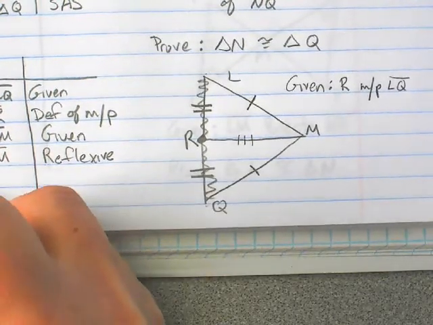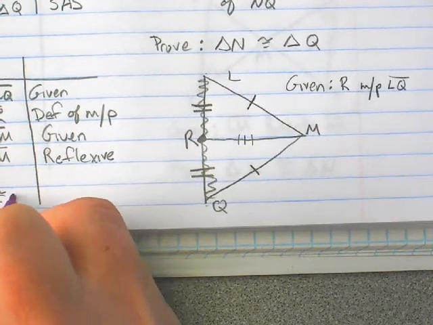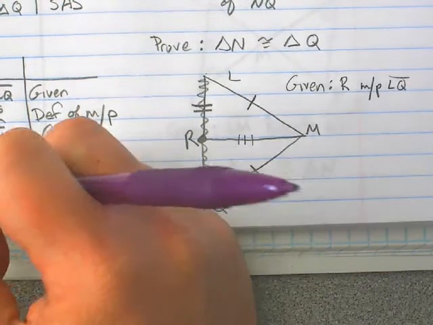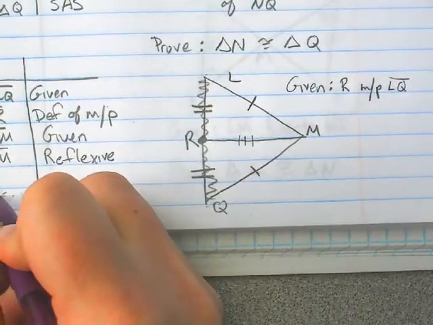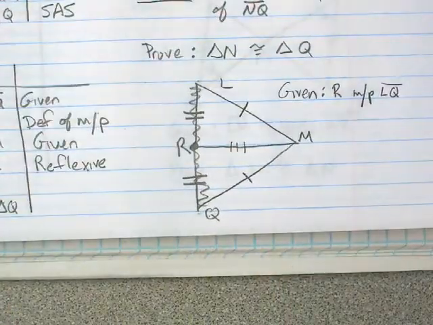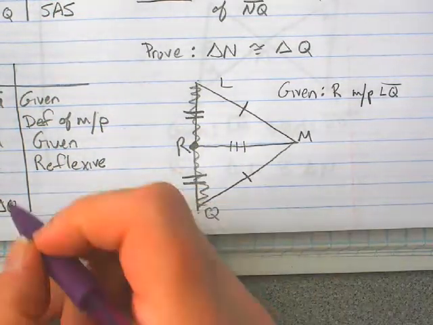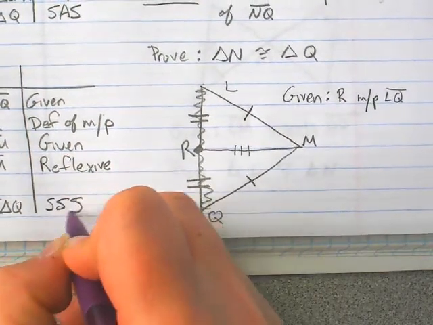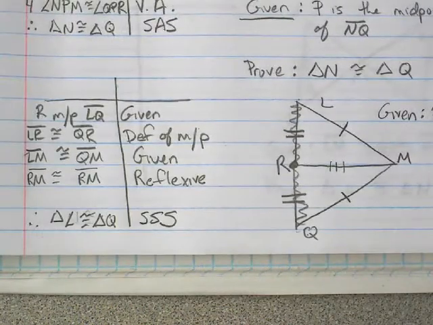Therefore, triangle N is congruent to, oops, I forgot to tell you what to prove. Triangle L is congruent to triangle Q, because of blank, blank, blank: side, side, side. So there's that again.